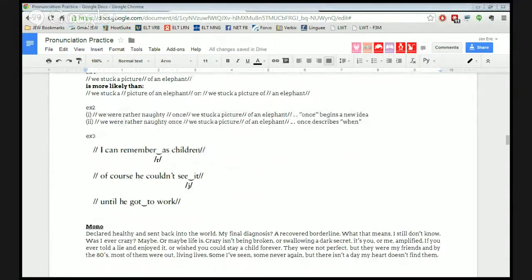Within a speech unit, words are usually linked together without pauses between them. So we've done a lot of linking in the past, but notice how this linking takes place inside of a unit, not between the units. I gave you 3 examples, and the second example is not the letter J, it's what I call the magic Y or magic W sound.